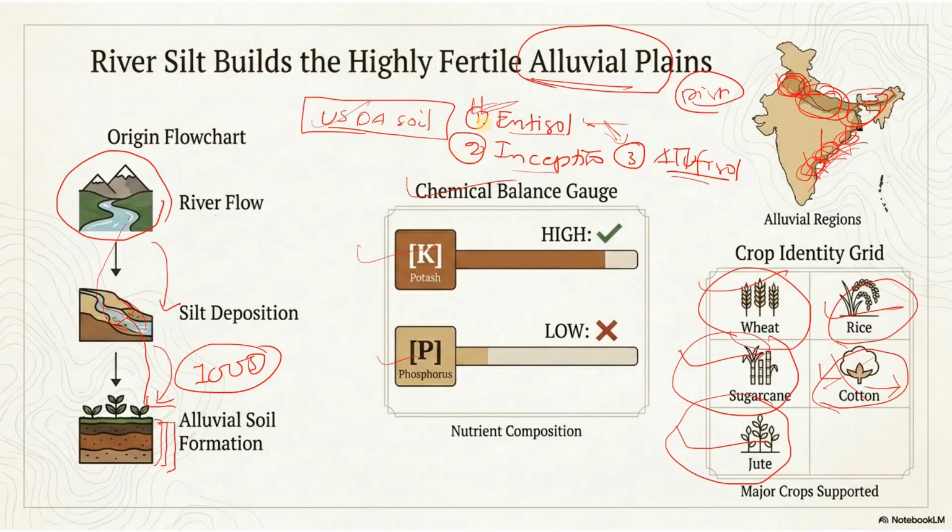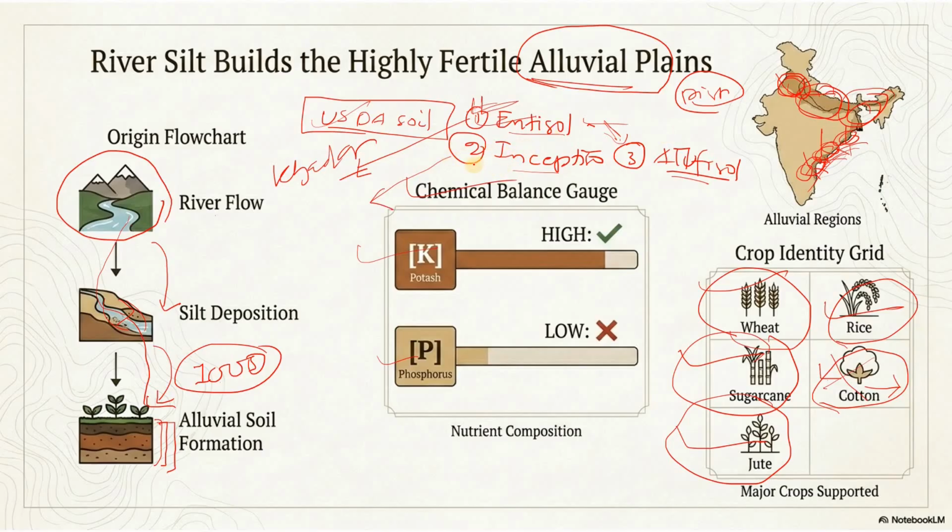So Entisols are the youngest soils, found newly deposited, also known as the khadar soil, with no diagnostic subsurface horizon. What is a diagnostic subsurface horizon? I have explained it in an earlier video. You can watch it if you want, or else you can just skip the concept.